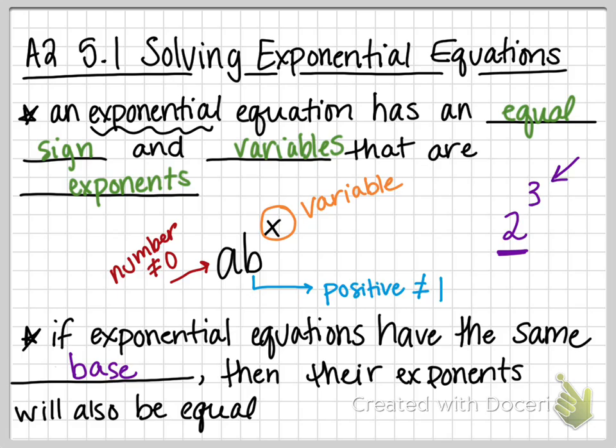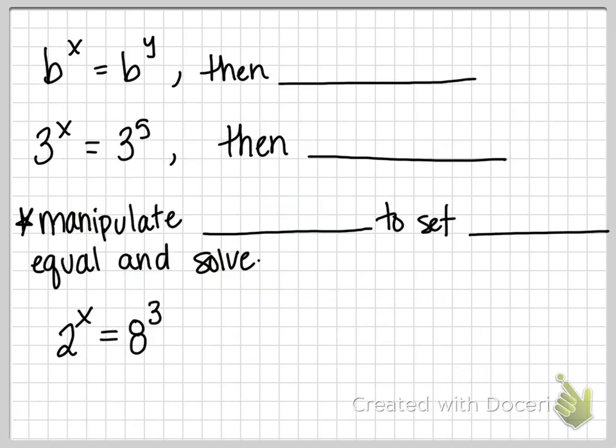So if they have the same base, we can also assume that their exponents are equal, and that's how we're going to solve for the exponent. If b to the x power is equal to b to the y power, because the bases are the same, we can assume that their exponents are the same. So we can say that x equals y.